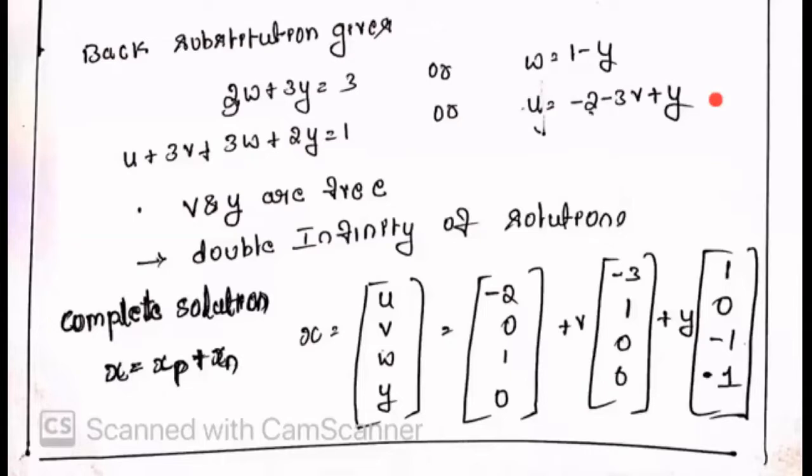So u and w are pivot variables, whereas v and y are free variables. So you are expressing pivot variables in terms of the free variables. That is very important.